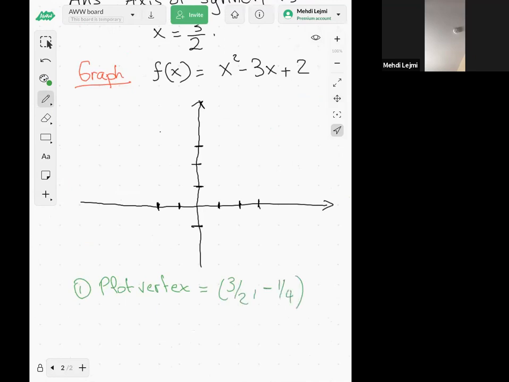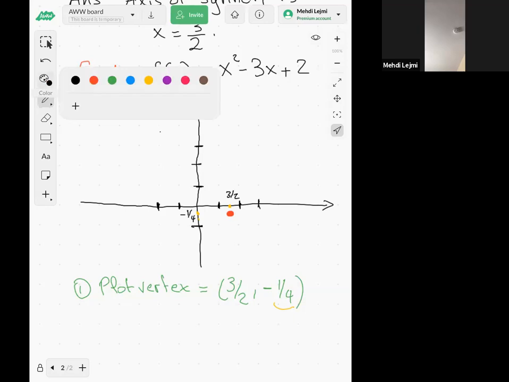My x is 3 halves. So 3 halves is 1.5, right? So here's my 1.5. And then my y is -1/4. So it's negative, so I'm gonna go down here, and that will be, let's say, the -1/4 right here. So this point here would be my vertex, right? So I plot my vertex.